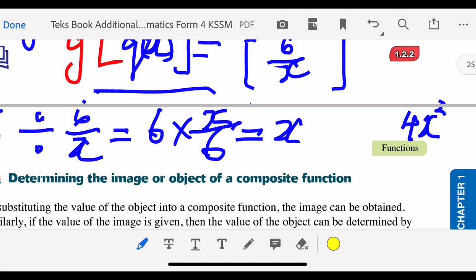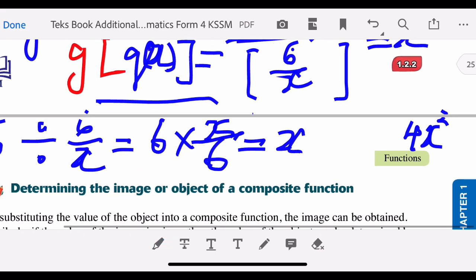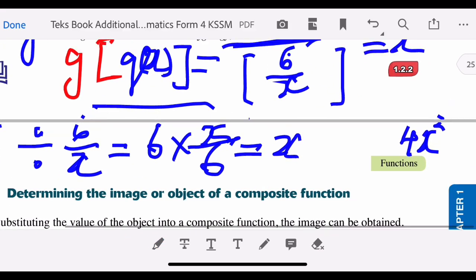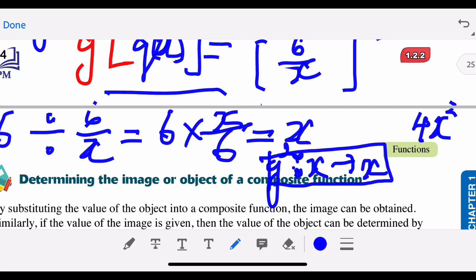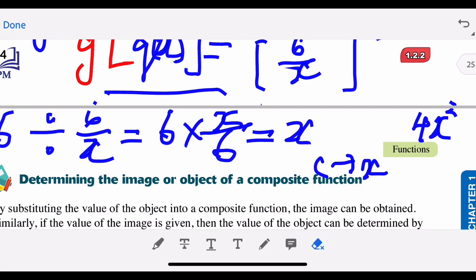You can also write like this: g2x will bring the x to the answer, which is x. That is called function notation. G2, can you see there's a 2? Okay, I write here in red color.